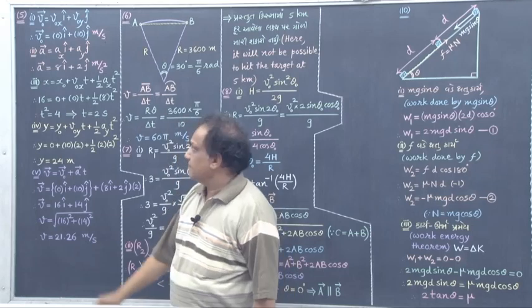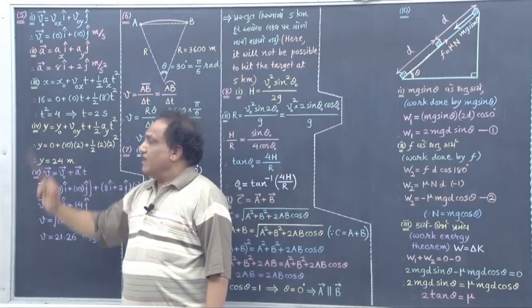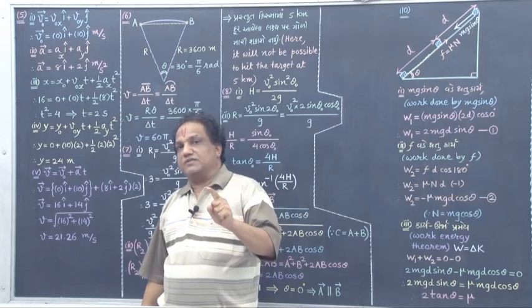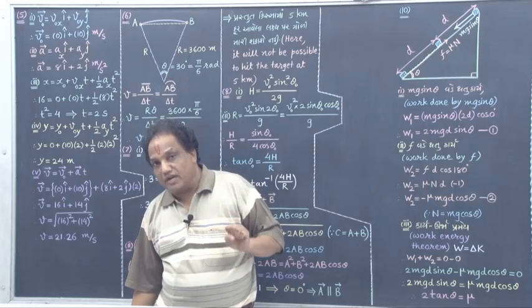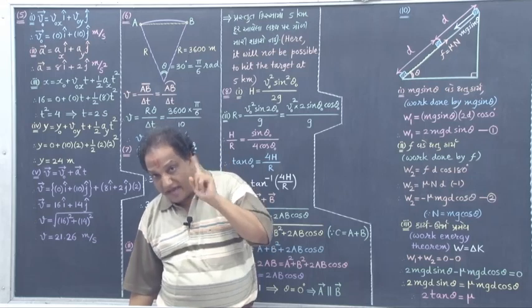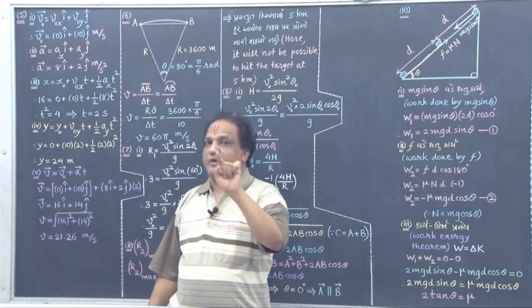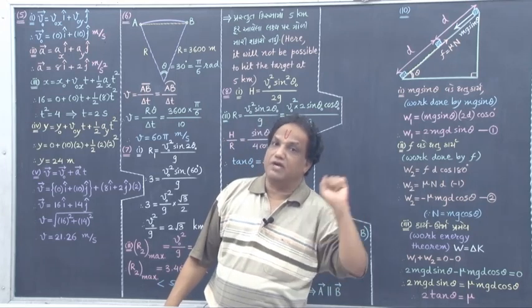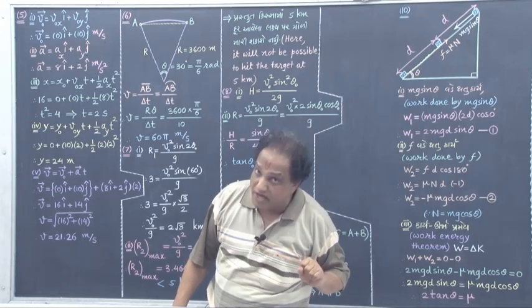Correct? Fine. Now, whenever there is a two-dimensional motion, you can write the formula of the x coordinate of a particle at time t as x equals x0 plus v0x into t plus 1 by 2 ax into t square.